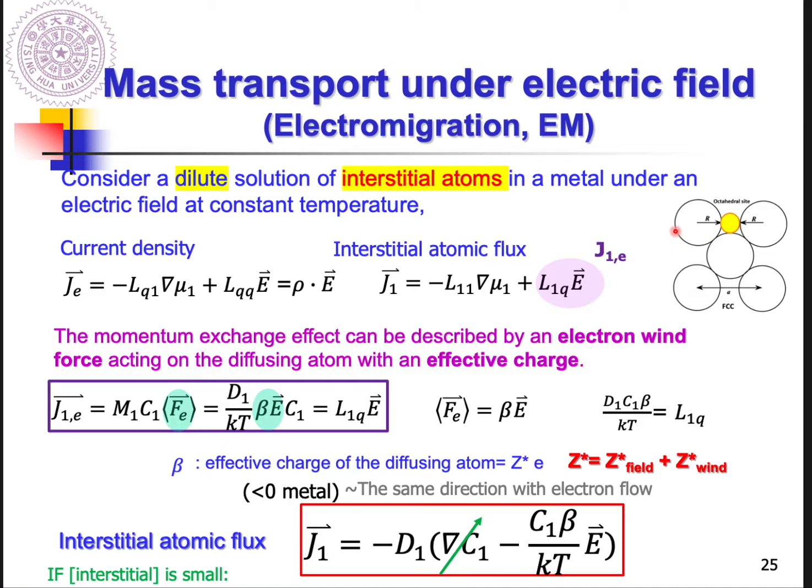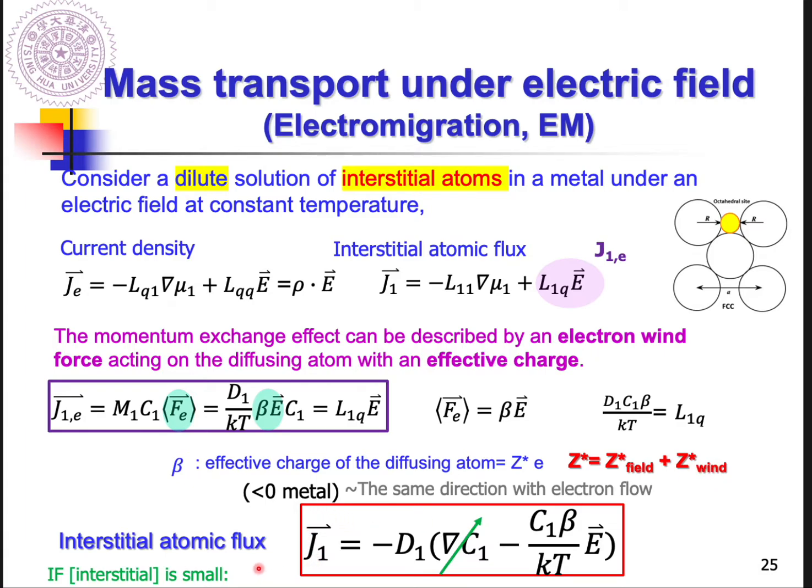But the electron flow is going to push these atoms, or ions, toward where? Anode. So the effective charge is a summation of this effect, including the static electrical field and also the electron wind or electron flow.